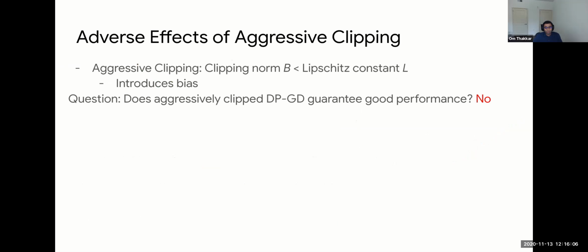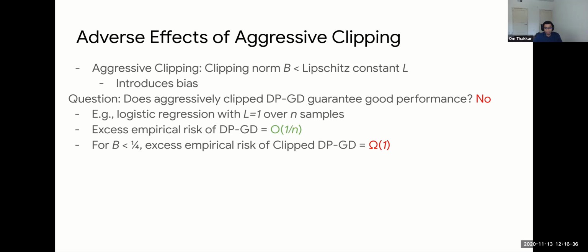Now, let us look at what could happen with aggressive clipping, which is when the clipping norm is much less than the Lipschitz constant of the loss. First, from the example of Huberization I showed earlier, it should be clear that clipping introduces some bias in the process. However, the question we are interested in is if good performance is guaranteed when you aggressively clip, and the answer is no. We show this via an example of logistic regression with n samples and assuming unit Lipschitz constant.